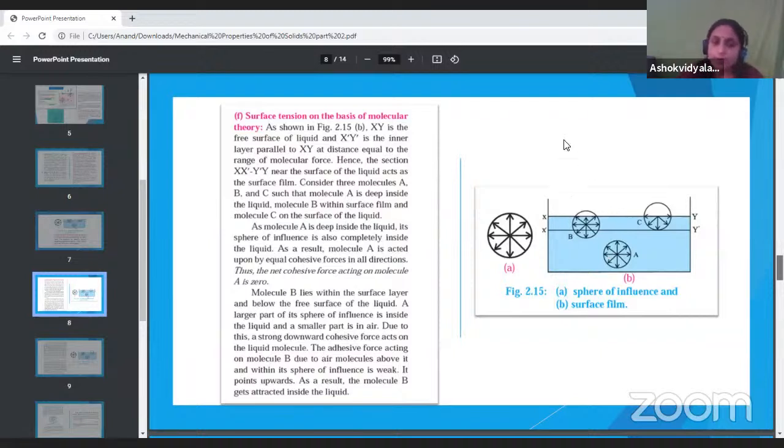आता बी बघूया. Point B, that is the molecule B, lies within the surface layer and below the free surface of liquid. बरोबर आहे.